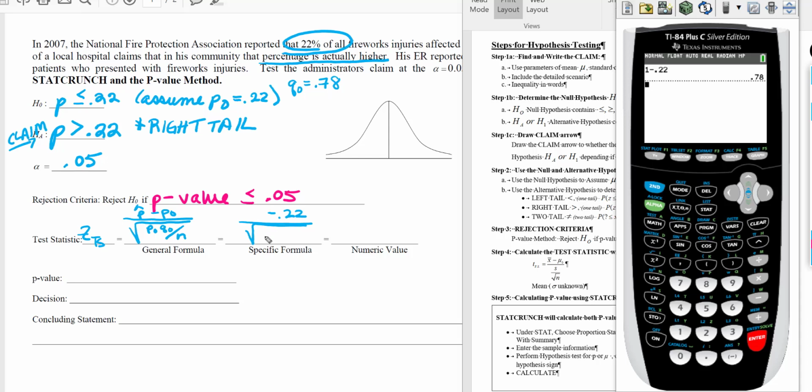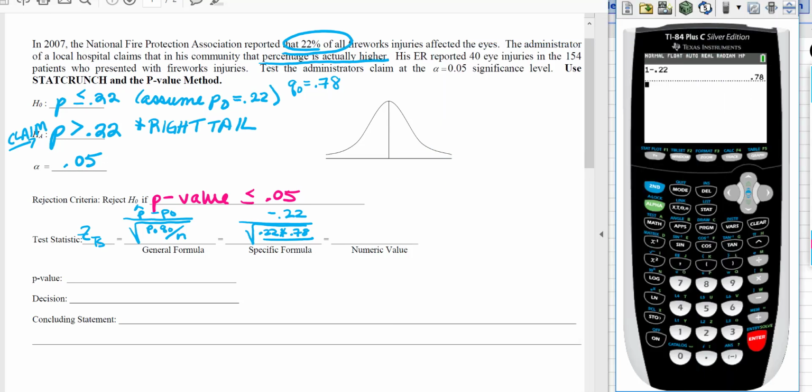That means in my denominator, I'm going to take 0.22 times 0.78 divided by our sample size. Our sample size in this problem, it says his ER reported 40 eye injuries in the 154 patients. So we're going to need those two pieces of information as well: 40 eye injuries and the 154.